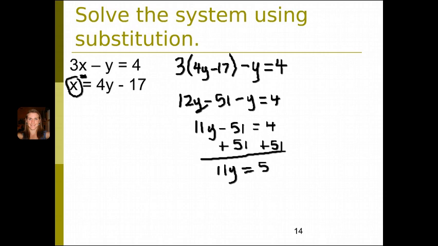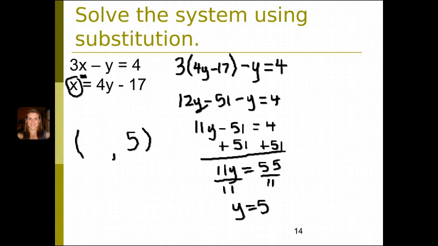Finally, you're going to divide both sides by 11. And this time we learned that y equals 55 divided by 11, which is 5. So again, the first coordinate that we found on this problem is y, so we're going to put 5 in the y spot of the ordered pair. So now I know that the y value of the solution is 5. This completes step 3 right here.